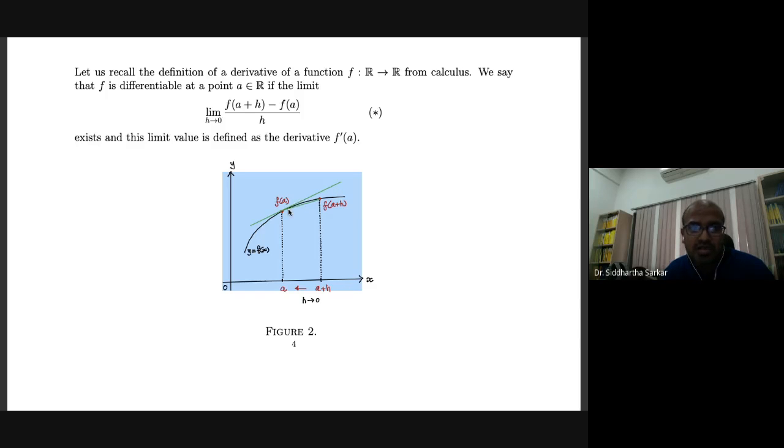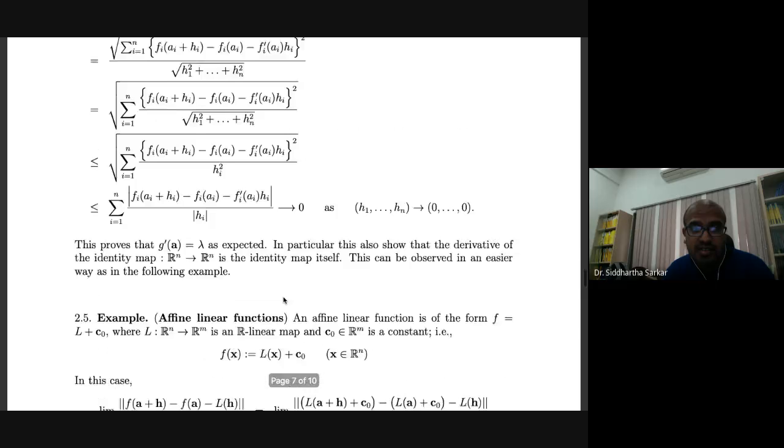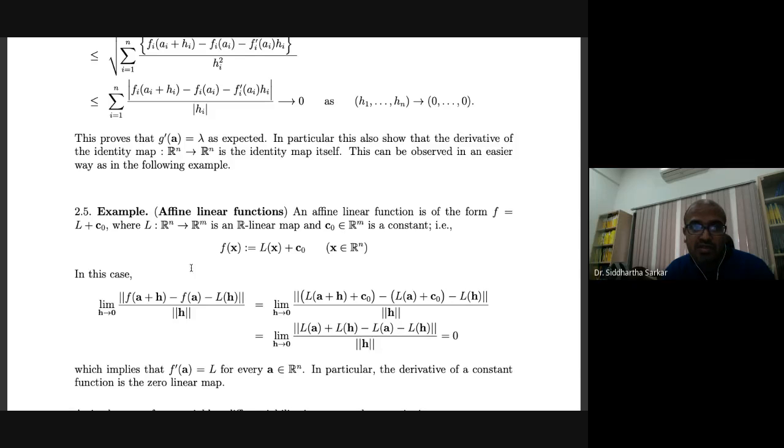If you want to talk about this being a linear map, this doesn't work because this is a translation of this linear map. What you would do is push it down parallelly so that it passes through the origin, and this is what you expect to be the linear map. So the same principle pictorially happens over here. You take the affine linear map, you use the definition of derivative, and you should expect that the linear part of this turns out to be the derivative of this.